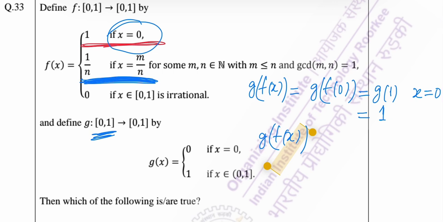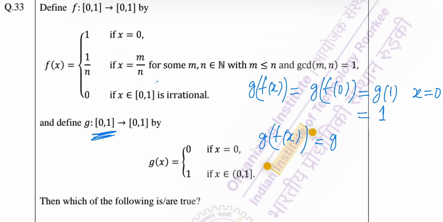It means there are only 3 conditions: 0, rational numbers, and the third one, irrational numbers. So this time I work for the rational number, and for that you see that here it is 1 by n. I show you in red. Here is 1 by n.